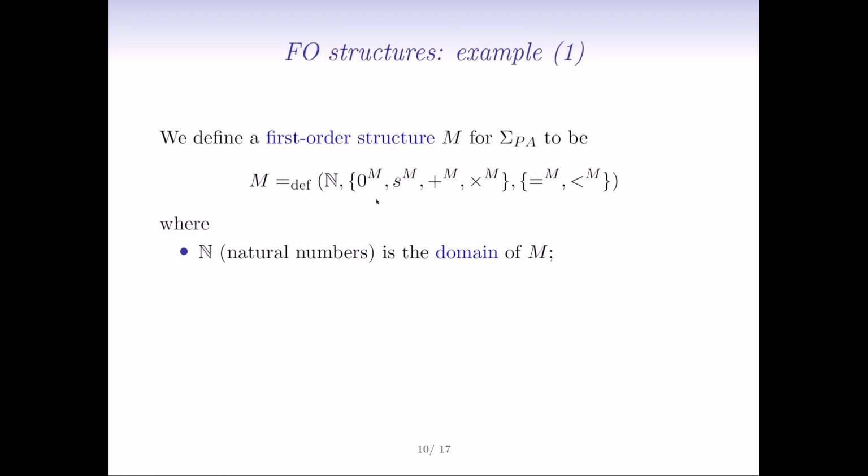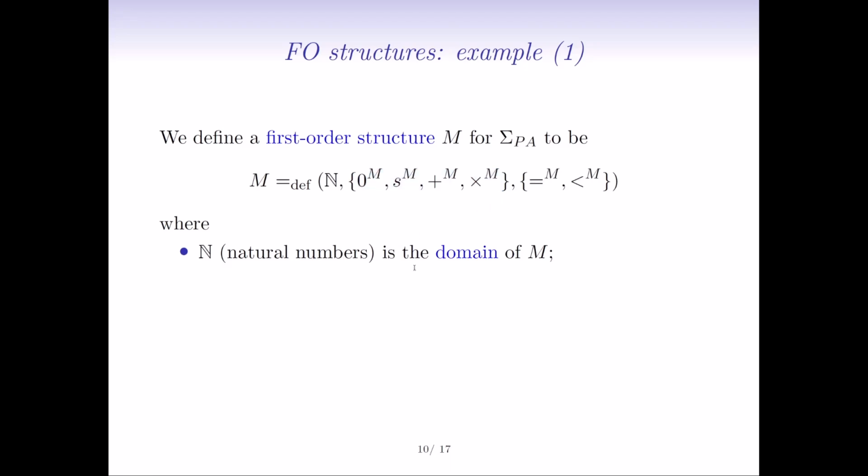So our first order structure for this language is going to be M, which has these three components. First of all, the first component is this blackboard style N, which is the symbol for the natural numbers. So the domain of the structure is the set of all natural numbers. Next, we had 4 function symbols in the original language.